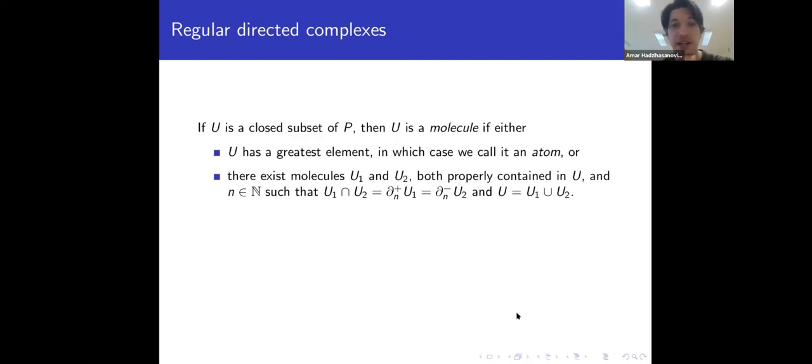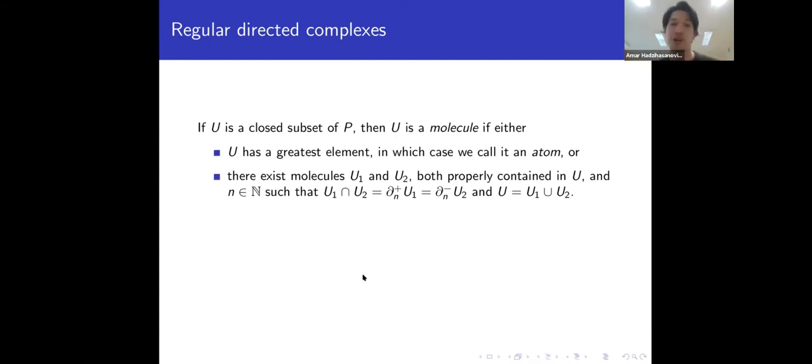And then we identify a special class of closed subsets that we call molecules, after Steiner, which are the closed subsets that combinatorially decompose as a kind of higher categorical composite of atoms, which are closed subsets with a greatest element.